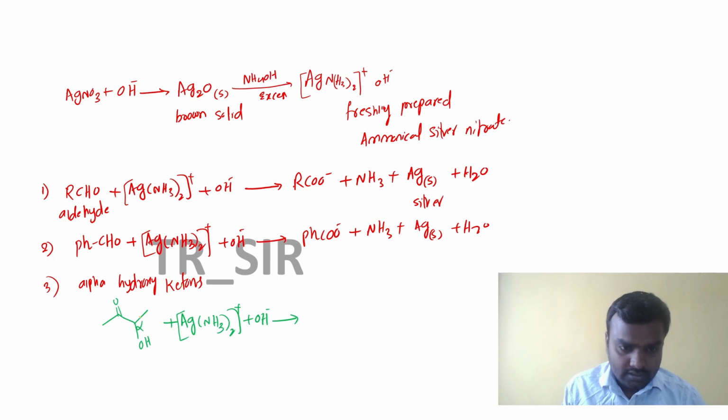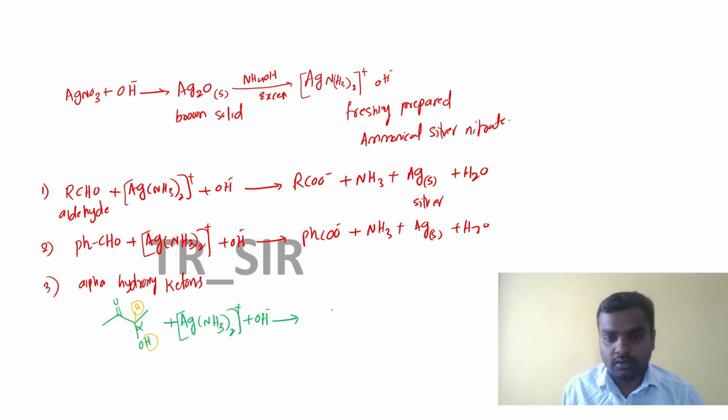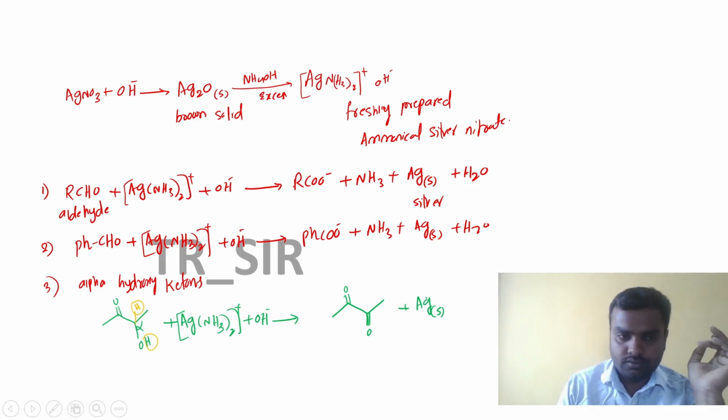One hydrogen is here and one hydrogen here; both will be eliminated, and a diketone will be formed. Then again we will be getting the silver solid precipitate. This third case is alpha hydroxy ketone.